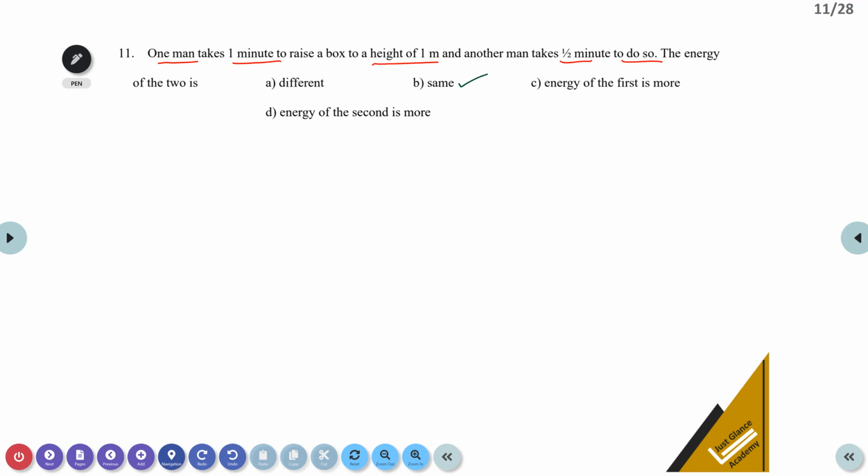But times are different. That means only the power of person 1 and person 2 is different. But as far as energy is concerned, it is the same for person 1 and person 2. Suppose for the same problem, if we ask about power, the power of person 1 and person 2 are different here.